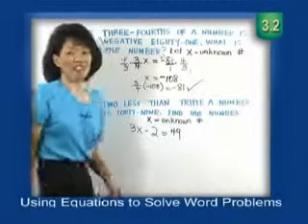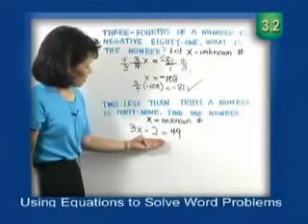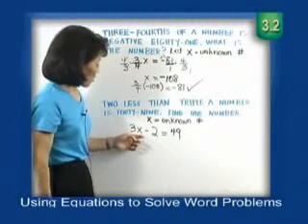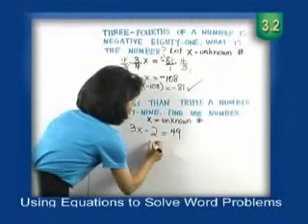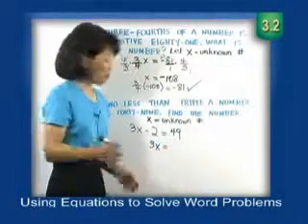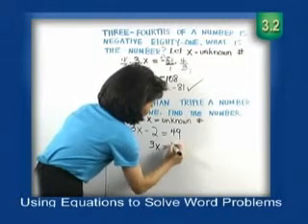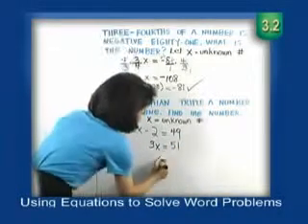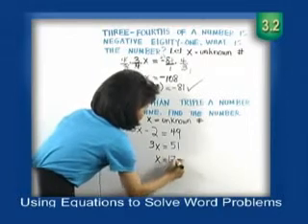So there we have it. So our problem boils down to solving this rather basic equation. To solve for x, we're going to add 2 to both sides. So 3x is equal to 49 plus 2, 51. Divide both sides by 3, and we can see that x is equal to 17.